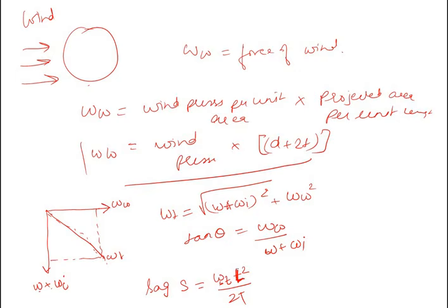The vertical sag Sv is equal to S cos theta, and the sag from the resultant equation is S equal to Wt L square upon 2t.